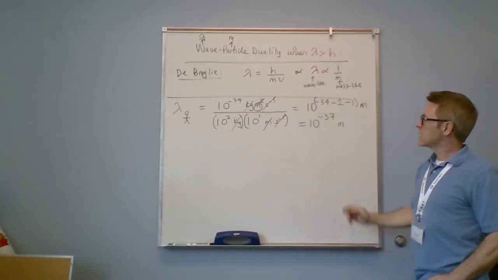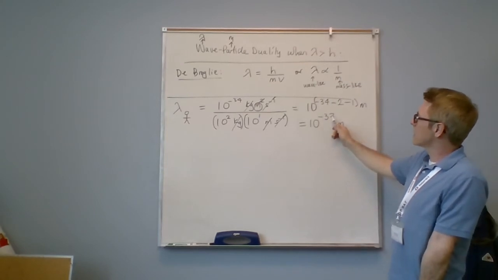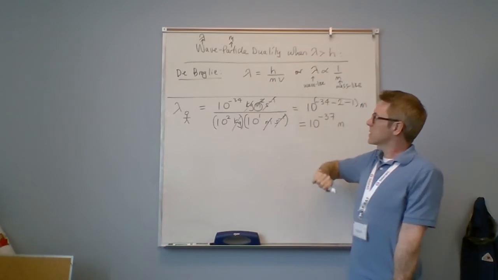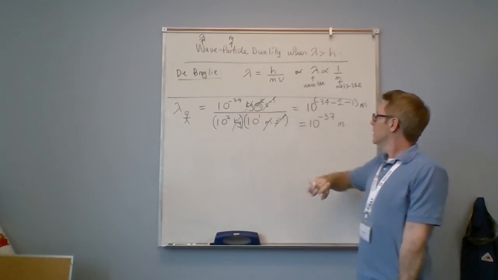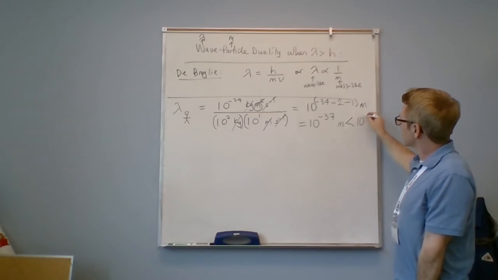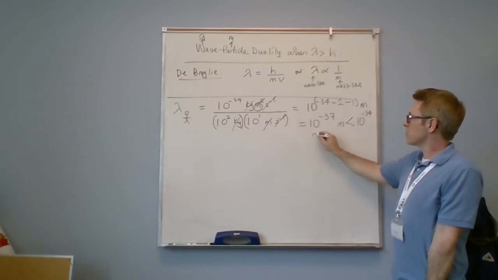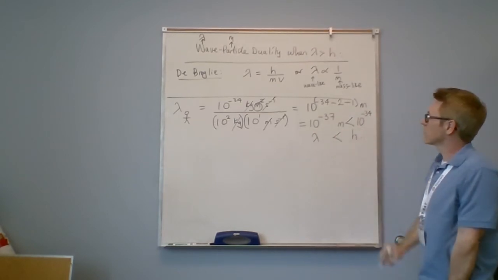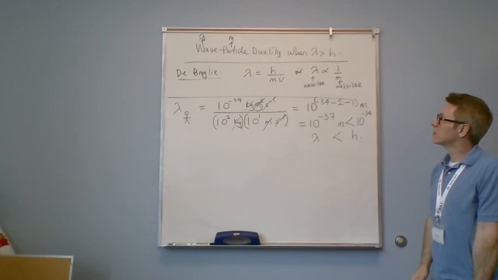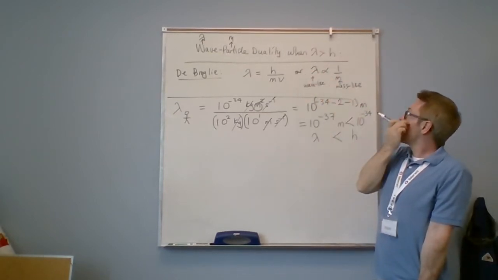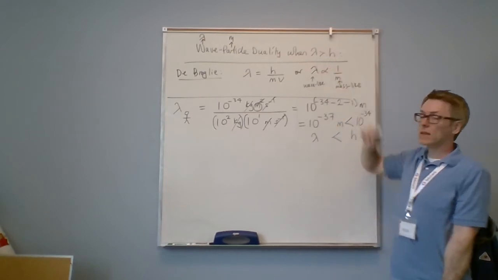Now I notice here that 10 to the negative 37 meters is actually smaller than Planck's constant's order of magnitude. This is smaller than 10 to the negative 34. So on this occasion, my wavelength is less than Planck's constant. I only have to consider wave-particle duality when the wavelength is greater than Planck's constant.